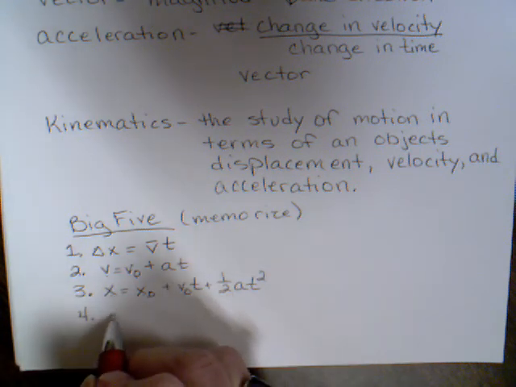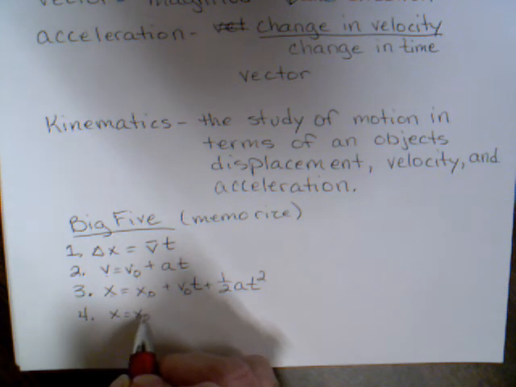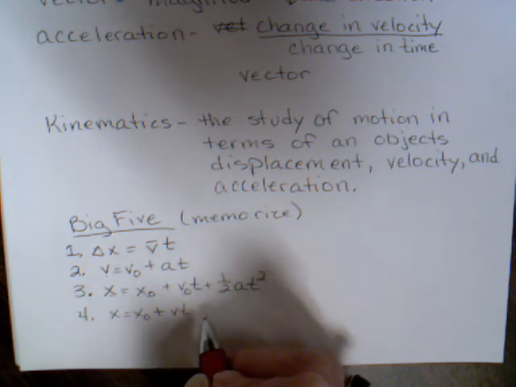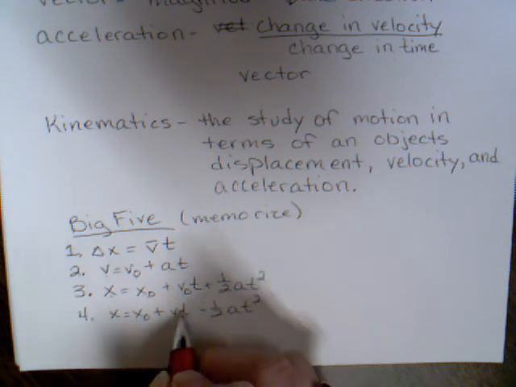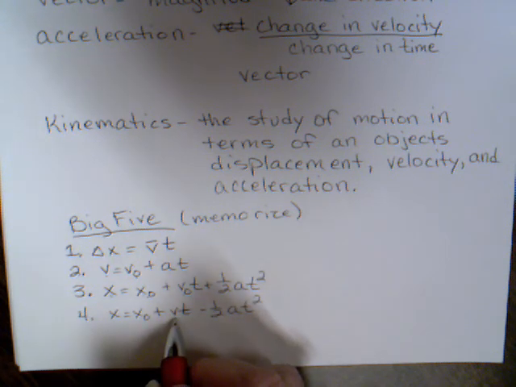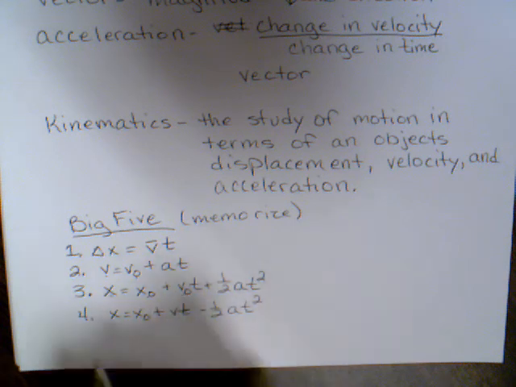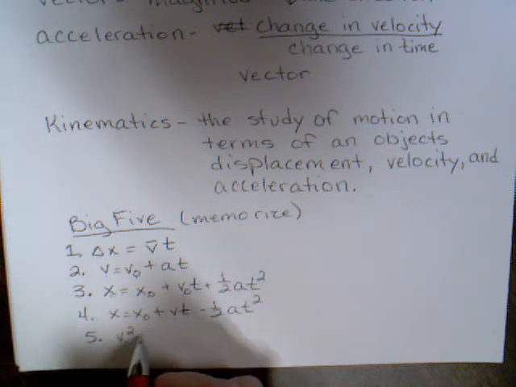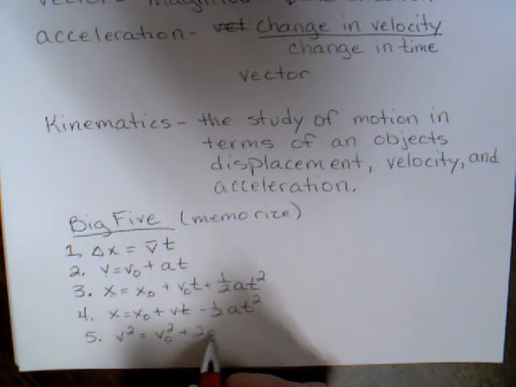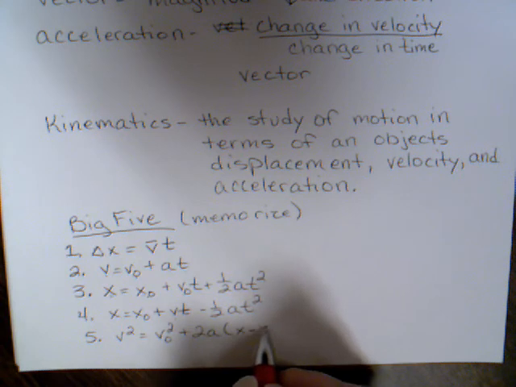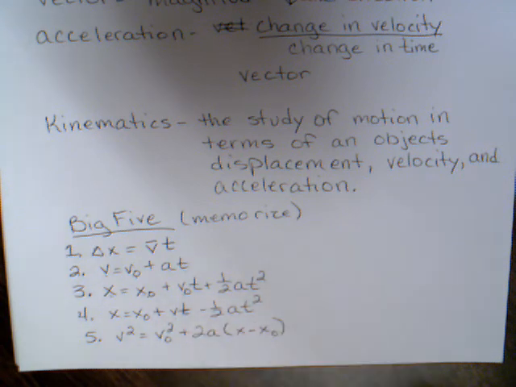Fourth, x equals x naught plus vt minus 1/2 at squared. So here we're using final velocity instead of initial velocity. And fifth, v squared equals v naught squared plus 2a times (x minus x naught). Big Five.